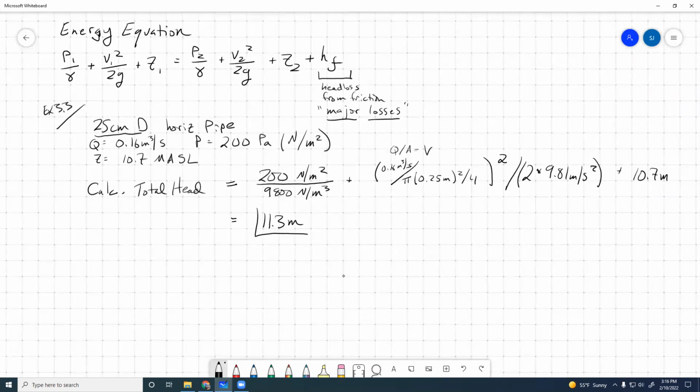So let's get back into these major losses. H sub F, we defined the Darcy-Weisbach equation last time as the friction factor times L over D, length over diameter of the pipe, times V squared over 2g. We abbreviate this as the DW equation.